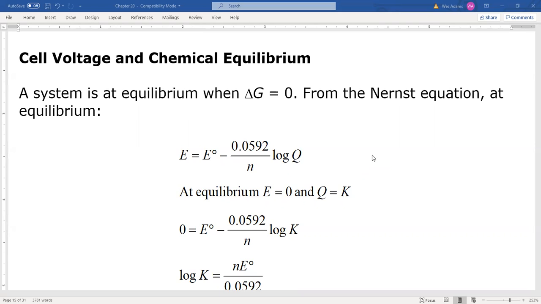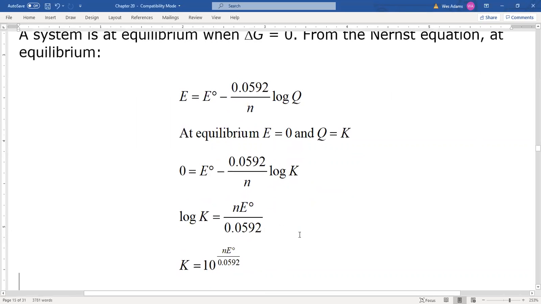And so if we use our Nernst equation, E is equal to E standard minus 0.0592 divided by N log of Q. Substitute E equals 0, Q equals K, then 0 equals E standard minus 0.0592 over N log of K. You start solving for K, and you get log of K being equal to N E standard over 0.0592.